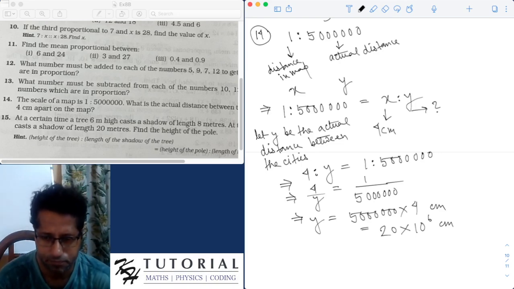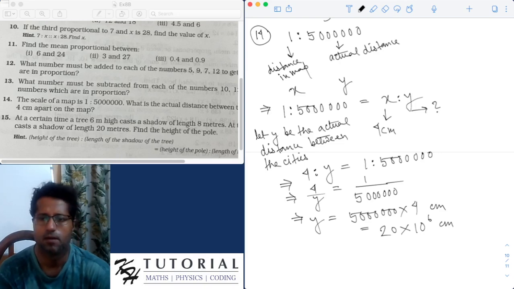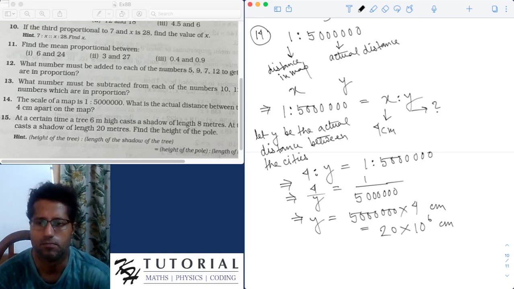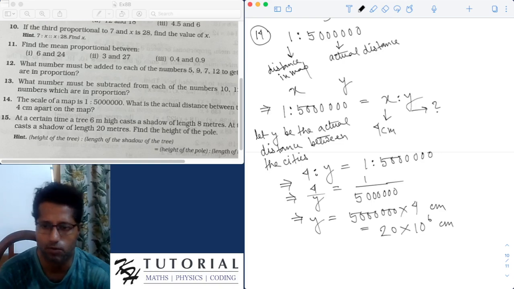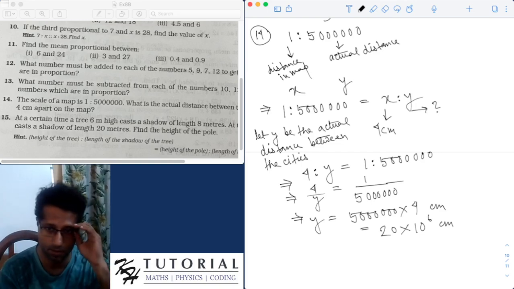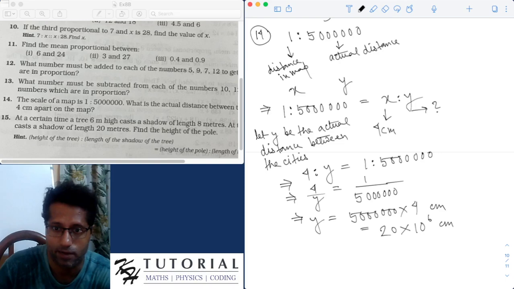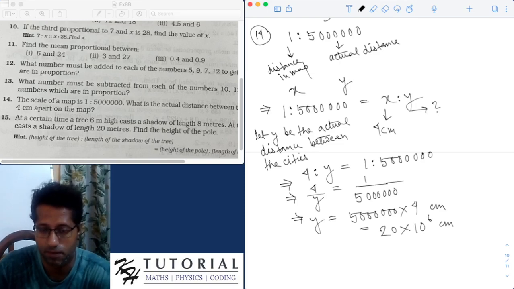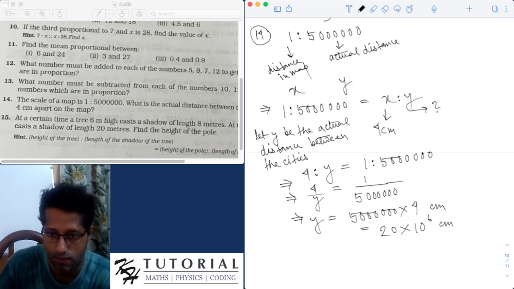So from here we get Y as 20 into 10 to the power 6. Now please remember that we have considered Y to be the actual distance between two cities in centimeter. So the unit of Y will be centimeter.